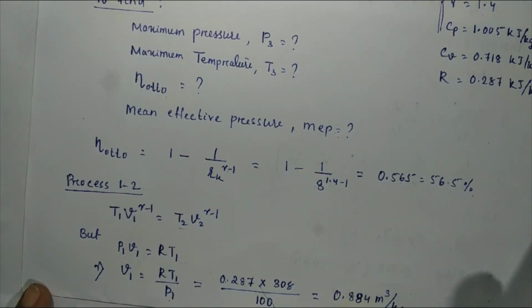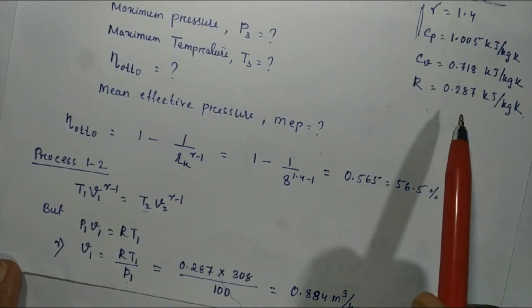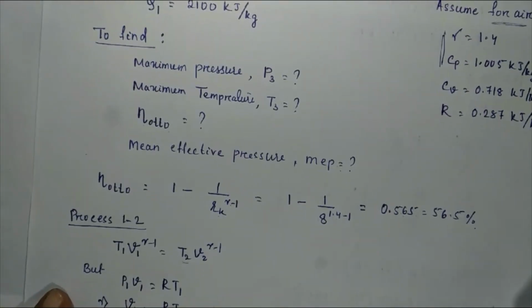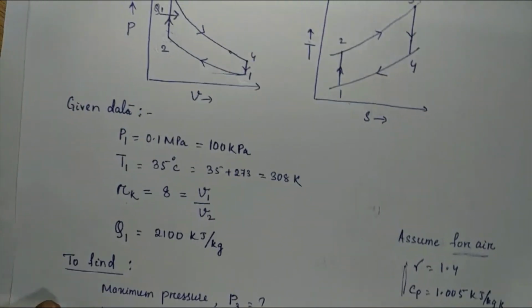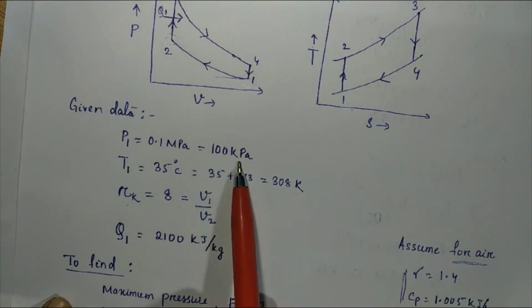For that we know the ideal gas equation, that is P1 V1 equals RT1, and this is the equation which we can use for any process, for any state. So here V1 is equal to RT1 by P1. For R we use the standard value, 0.287 kilojoule per kg Kelvin, T1 is given in the question, that is 308 Kelvin, and P1 is 100 kilopascal.